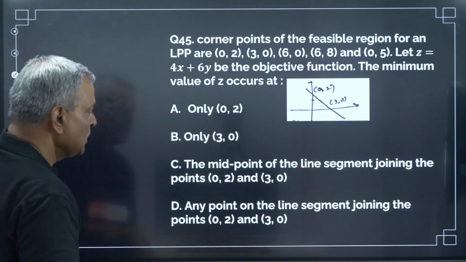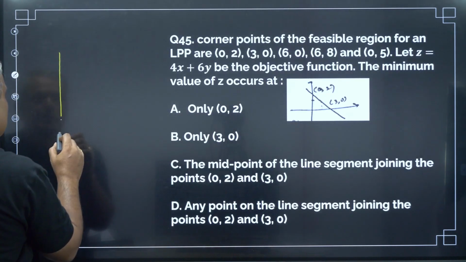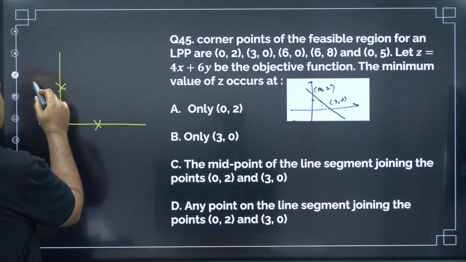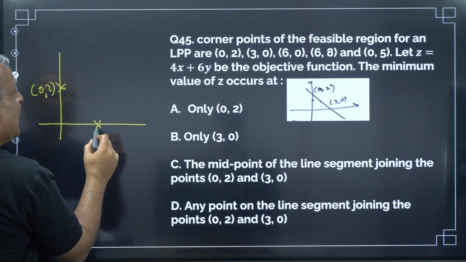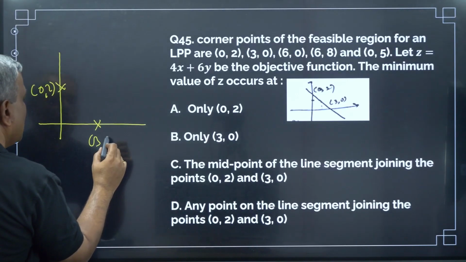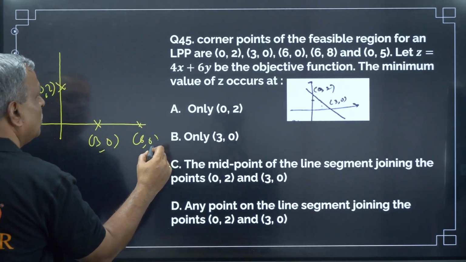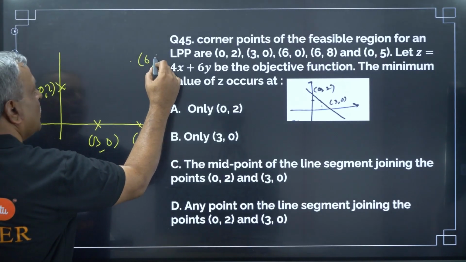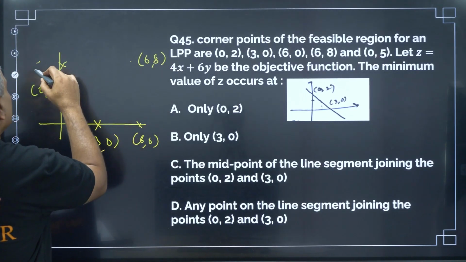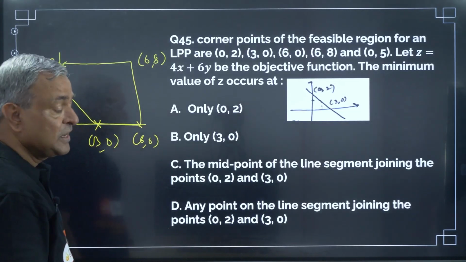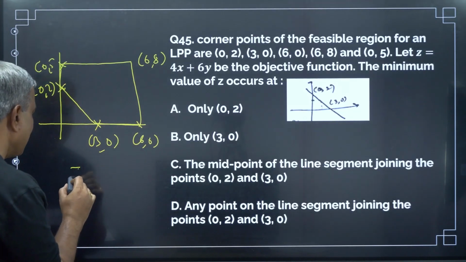45. 45 is very simple one. You draw the line. What are the points given? So points given are 0, 2, and 3, 0, and 6, 0. Then 6, 8, and 0, 5. Okay. Just keep on putting the values.